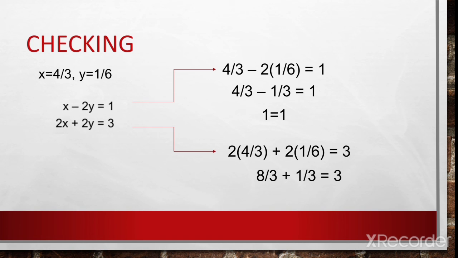Since 8 thirds and 1 third have the same denominator, directly add the terms. 8 thirds plus 1 third is equal to 9 thirds. 9 divided by 3 is equal to 3, so 3 is equal to 3. This means that the solution set we have is applicable also to our second equation. That would be all for this video.